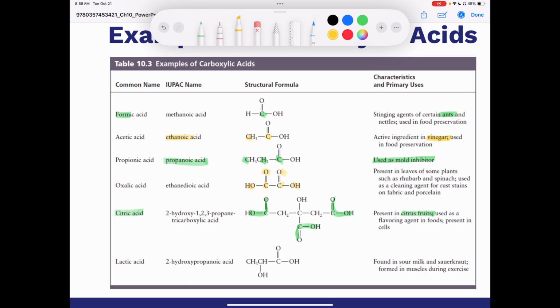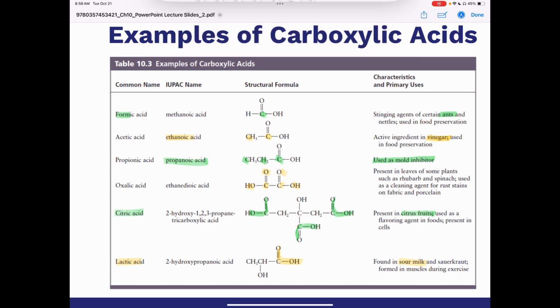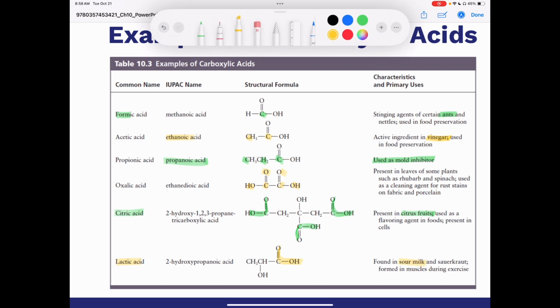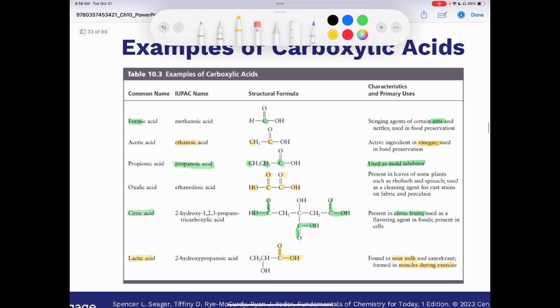And then the last one that they've put here is lactic acid, and you might know that lactate builds up in muscles when a person gets tired. But anyhow, lactic acid, you can see here, it has one carboxyl group in it. It's found in sour milk. Okay, so when milk rots, the acid that builds up in there is lactic acid. It's also found in sauerkraut. And like I said, it's formed in your muscles during strenuous exercise.